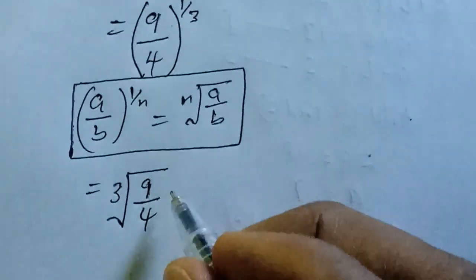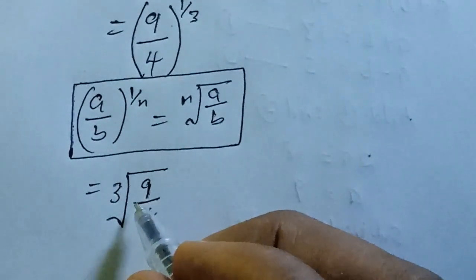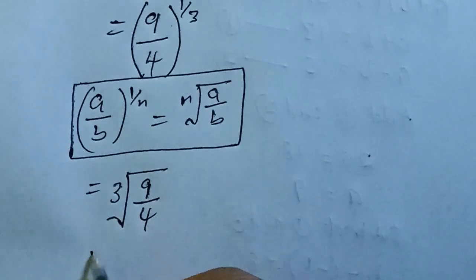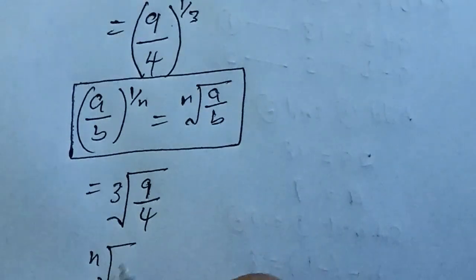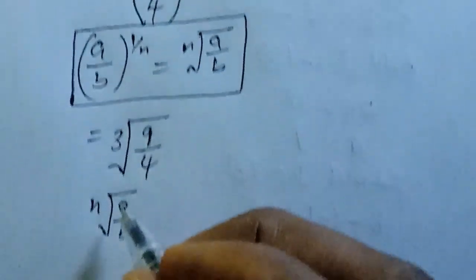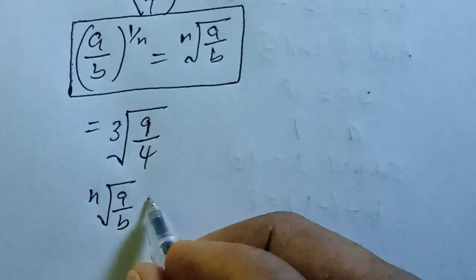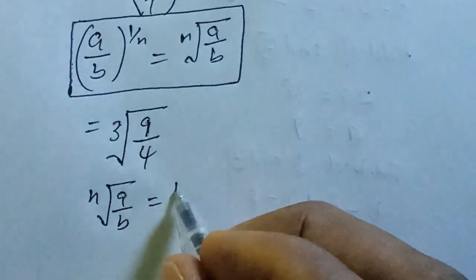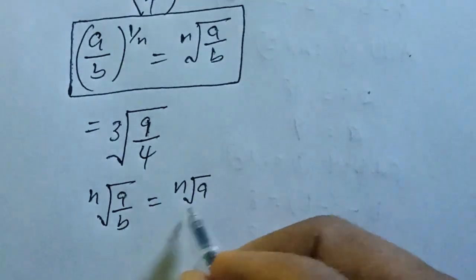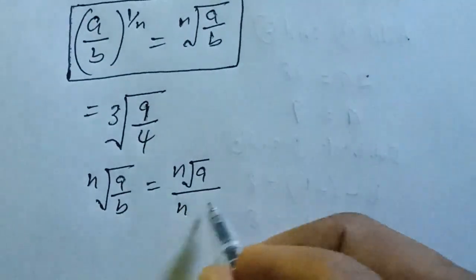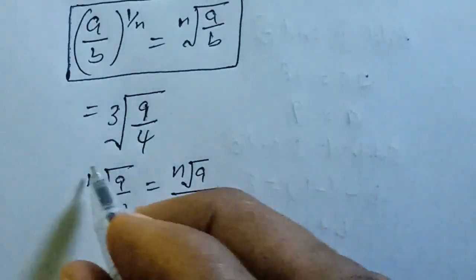Now from here we can write the nth root of A over B as the nth root of A over the nth root of B.